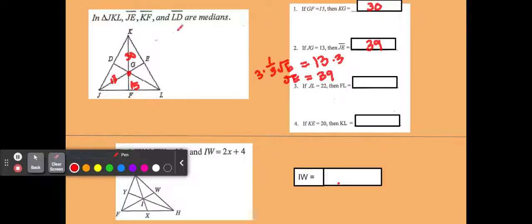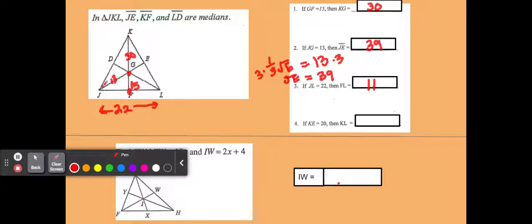All right, if JL is 22, that's the whole bottom of the base of the triangle here. Then FL, remember F has to be a midpoint. That's the definition of a median, going from vertex to midpoint. So if JL is 22, FL must be half of that, or 11.